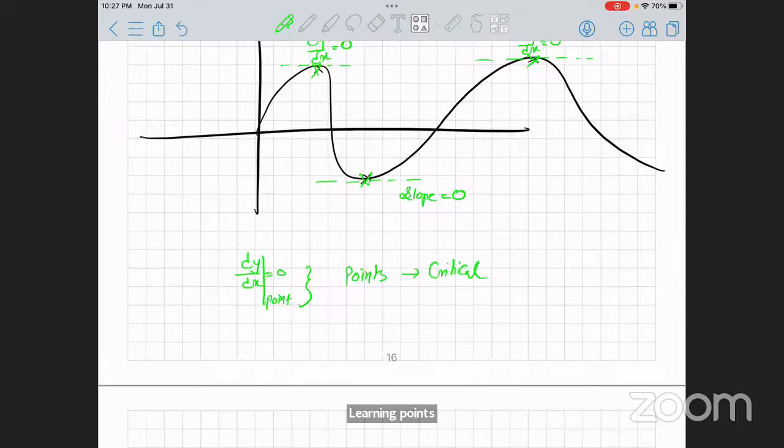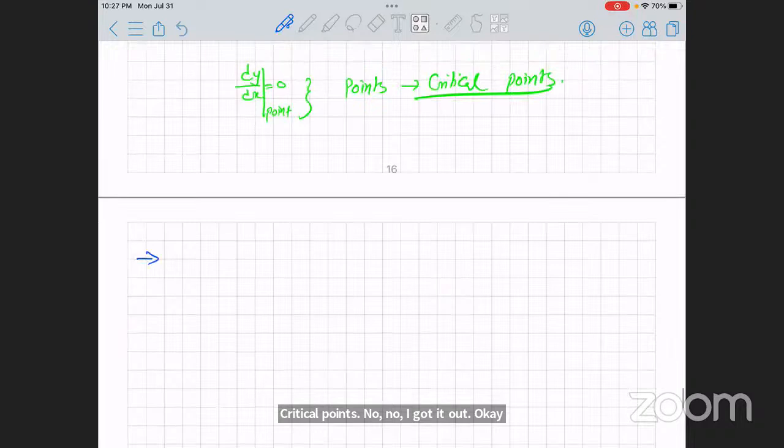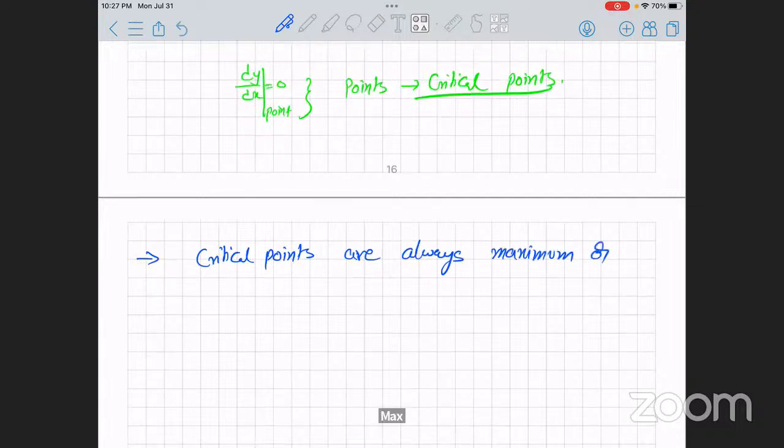Now I got a doubt. I am saying critical points are always maximum or minimum. Agree?